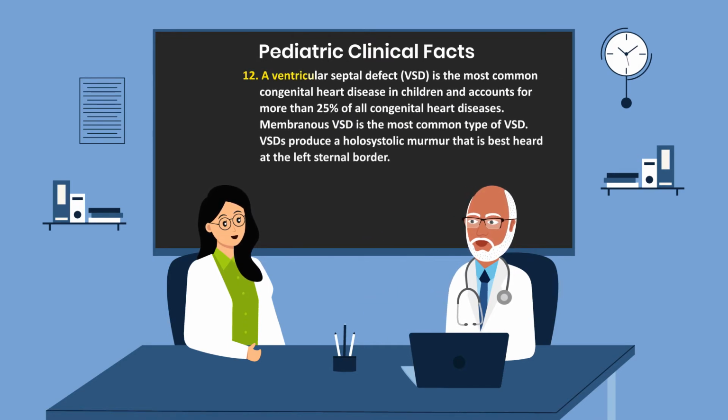A ventricular septal defect is the most common congenital heart disease in children and accounts for more than 25% of all congenital heart diseases. Membranous ventricular septal defect is the most common type of ventricular septal defect. Ventricular septal defect produces a holosystolic murmur that is best heard at the left sternal border.